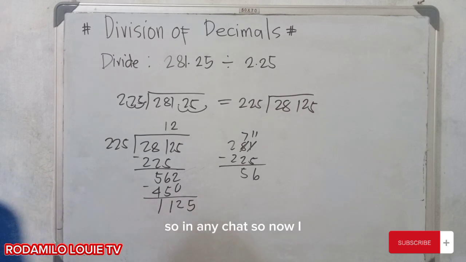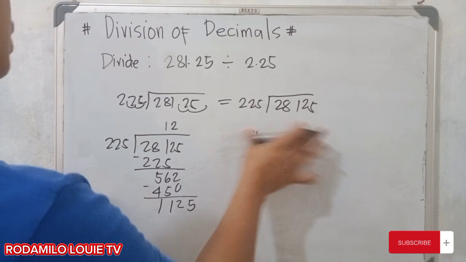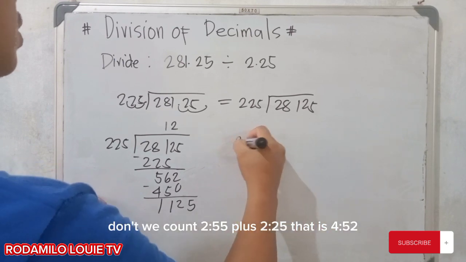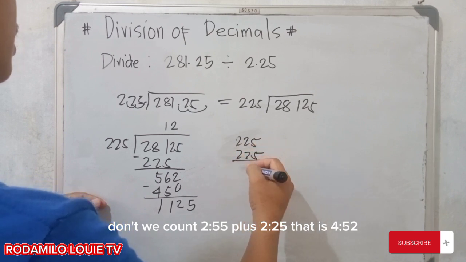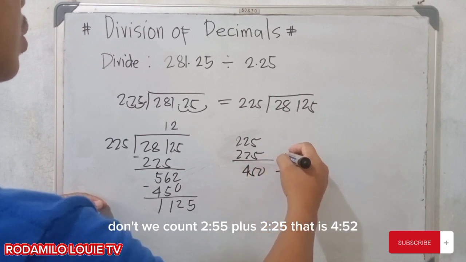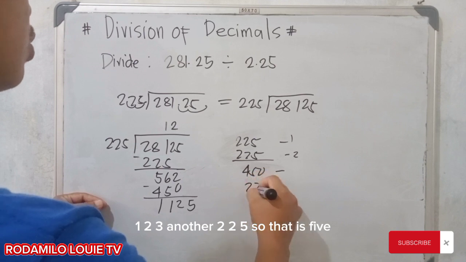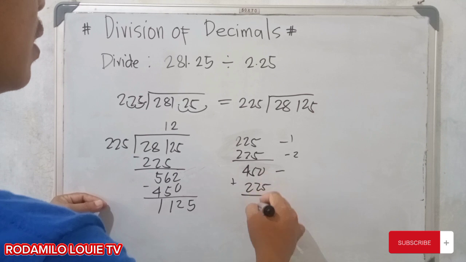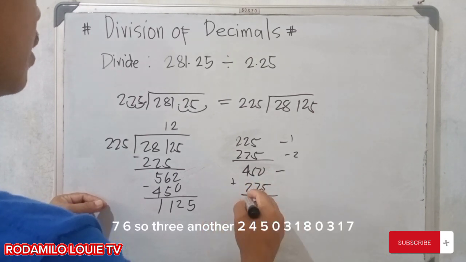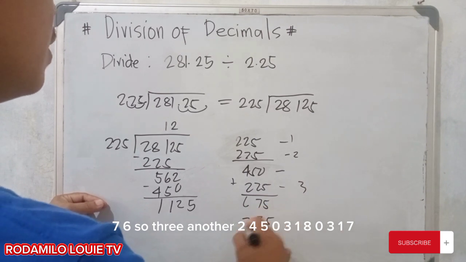So pila na siya. Itong i-count 225 plus 225, that is 450. So another 225. So that is 675. So another 225.